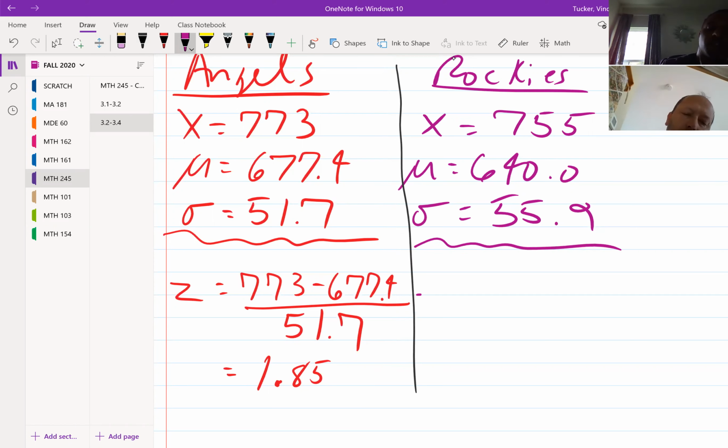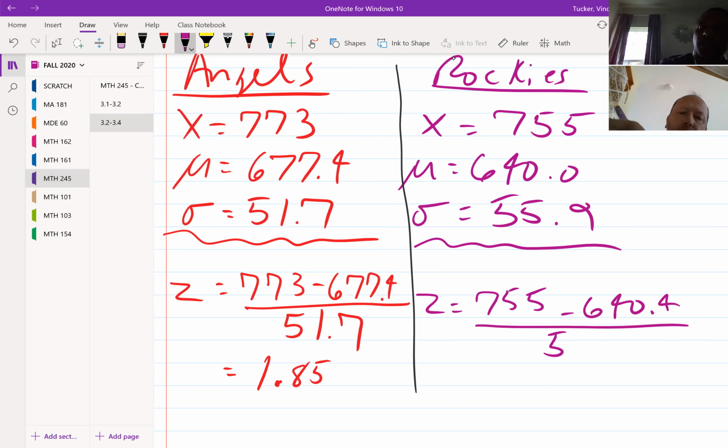And for the Rockies, data value 755 minus 640 divided by 55.9.